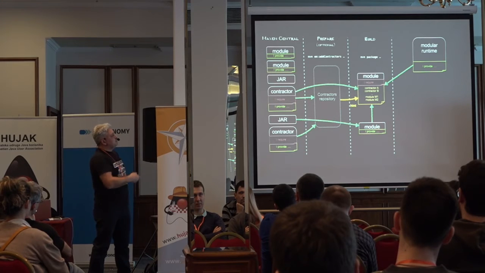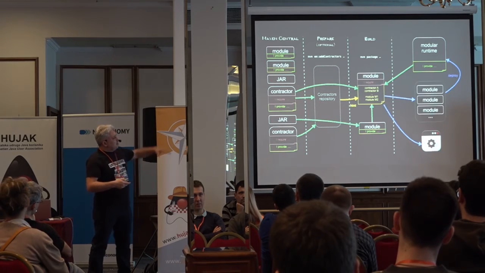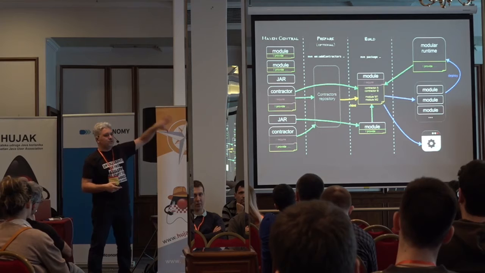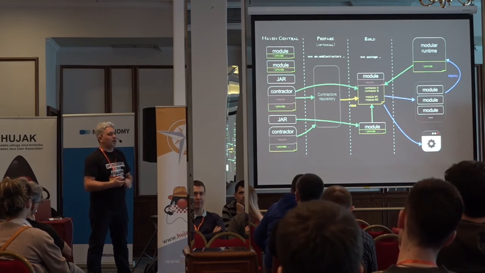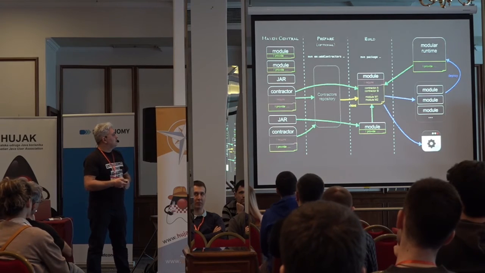And then it builds a runtime, or it builds a list of modules that you deploy on an existing runtime by contacting that runtime and figuring out what is already there.